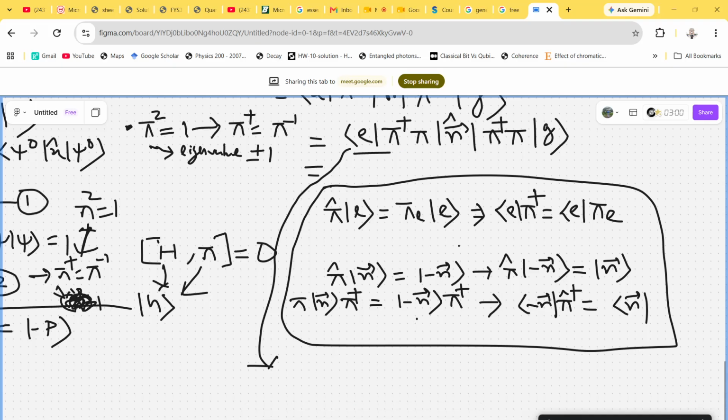The first term will be given as E of... pi E, pi G, these are scalars, so they come out. So you have E pi R cap pi dagger and G.